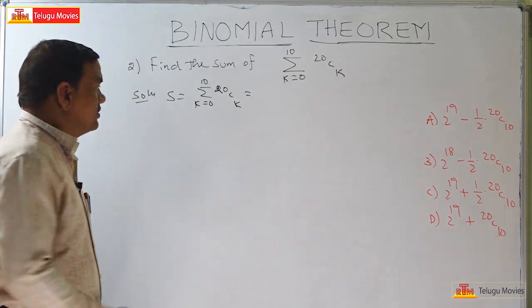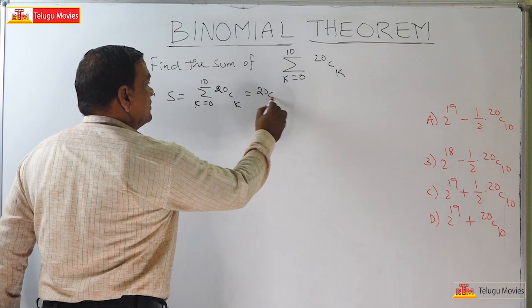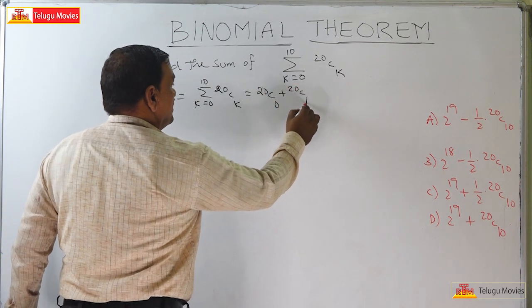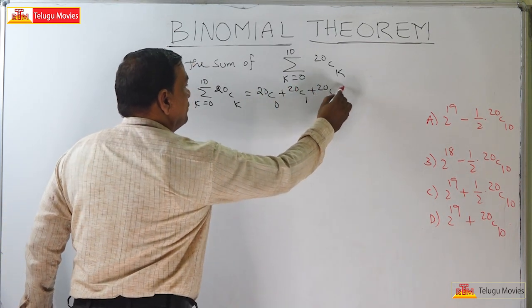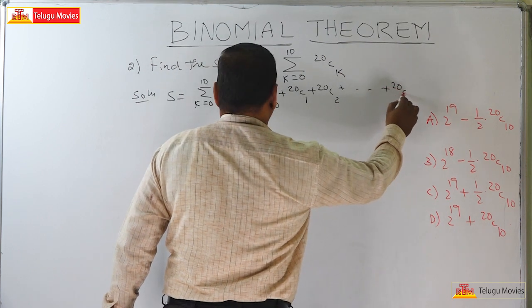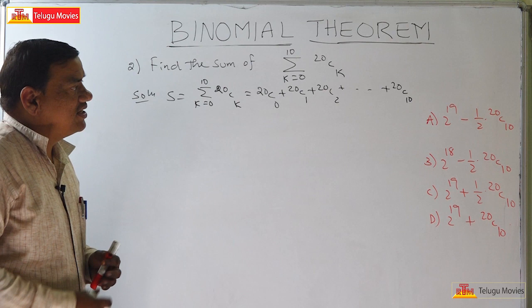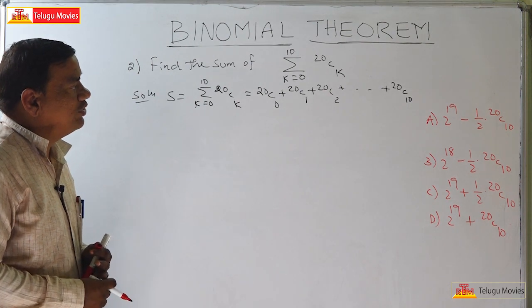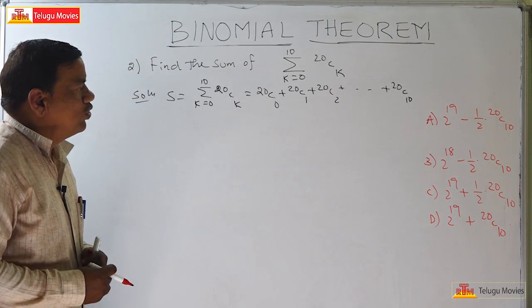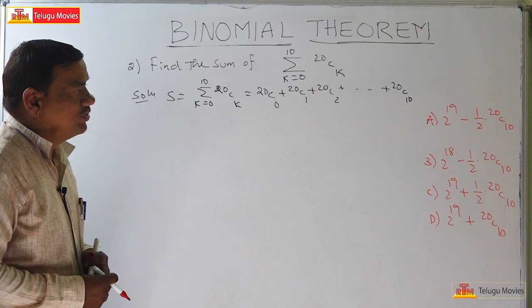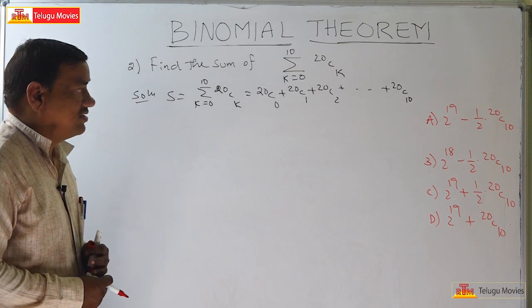Let us expand this. So, this is equal to 20C0 plus 20C1 plus 20C2 plus so on up to 20C10. The options are (2 power 19 minus 1) by 2 into 20C10, (2 power 18 minus 1) by 2 into 20C10, like that different answers are there.